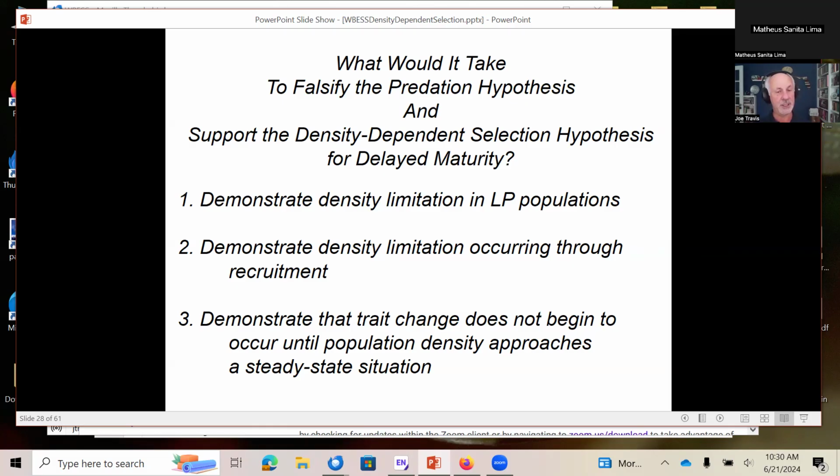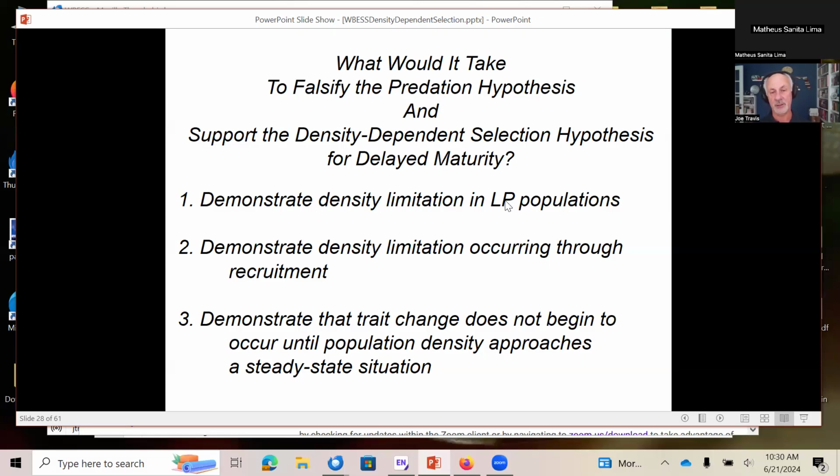So they colonize bottom to top, and the trait change should not begin to occur until population densities have gotten high enough to approach that steady state distribution. Because at very low densities, we shouldn't see the delayed maturity begin to evolve. If it were predation, it should start to evolve immediately. Well, let's take these one at a time.